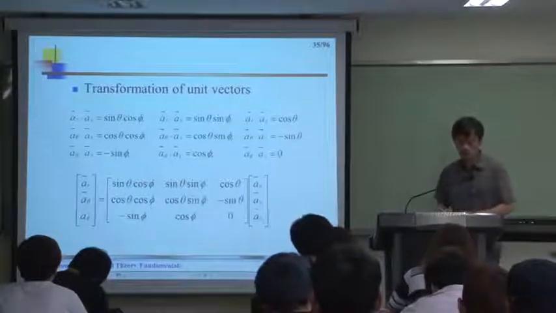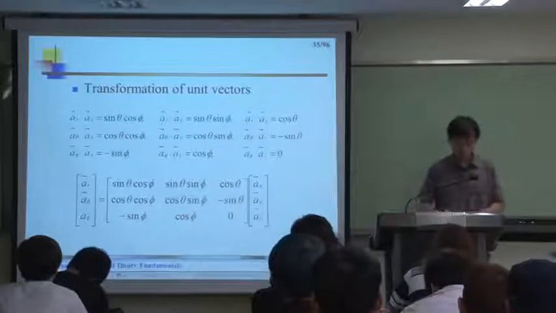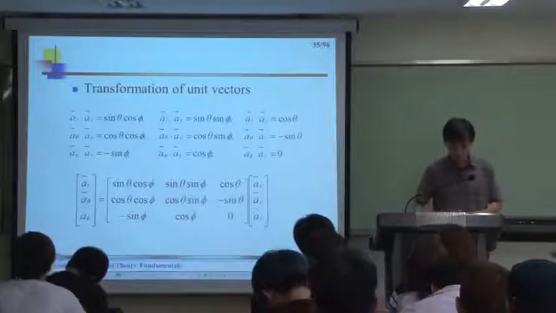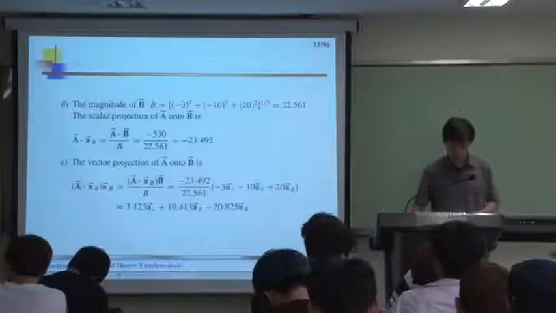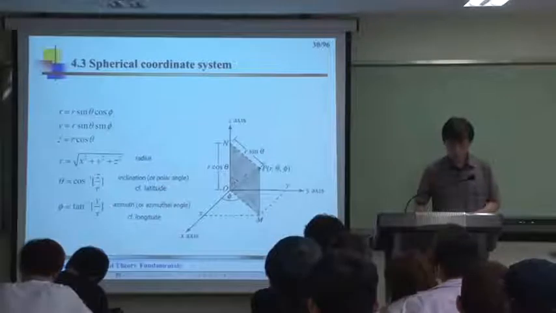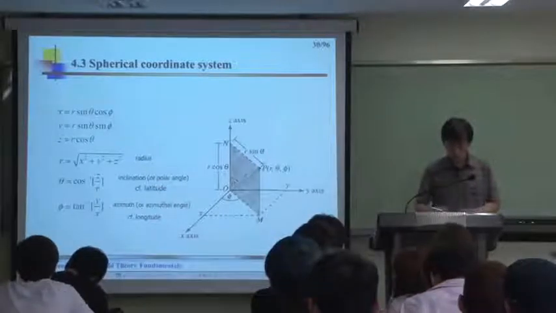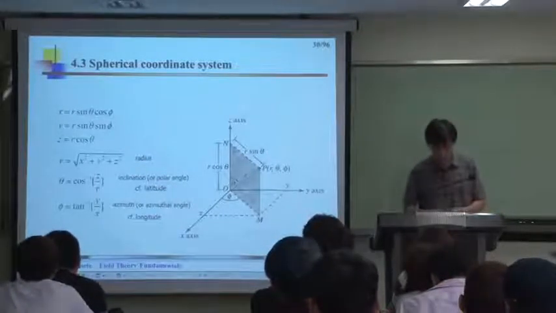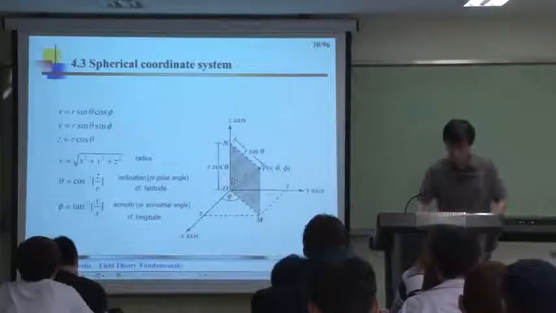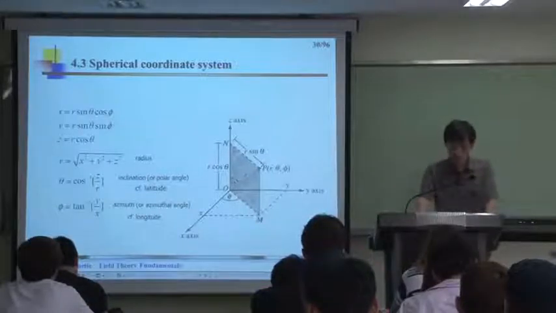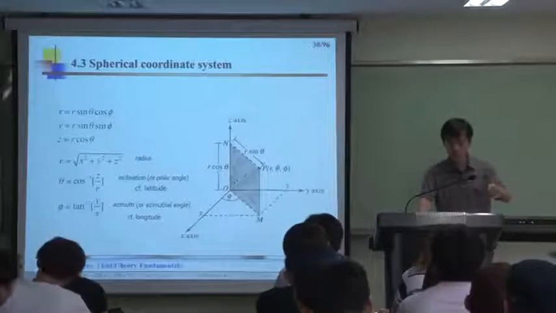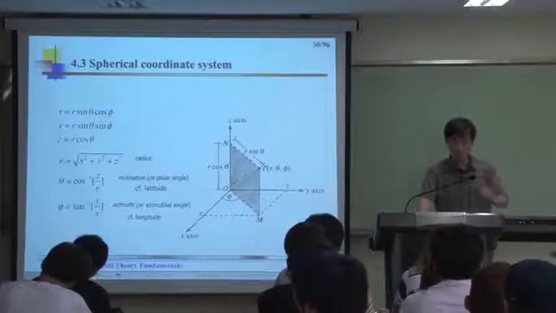You can obtain this kind of relation. From this diagram, you can get some hint about the relation between the AR, A phi, A theta, and the AX, AY, AZ.